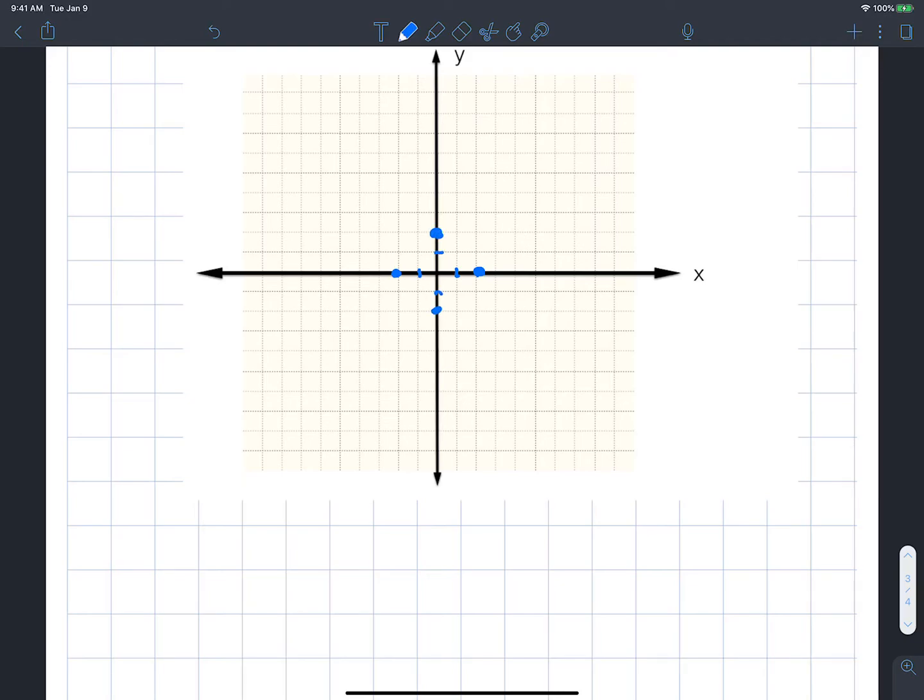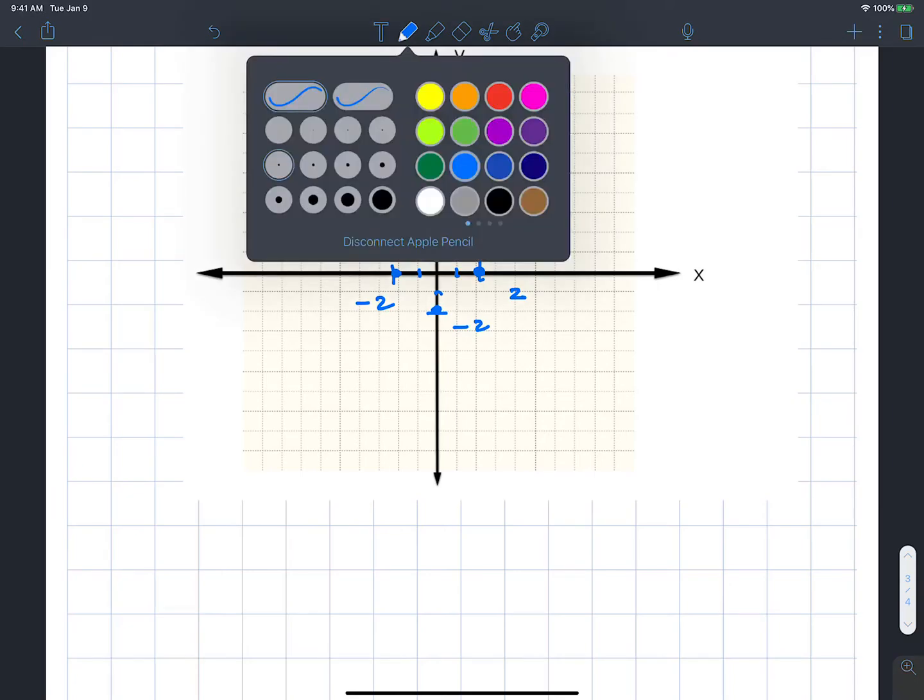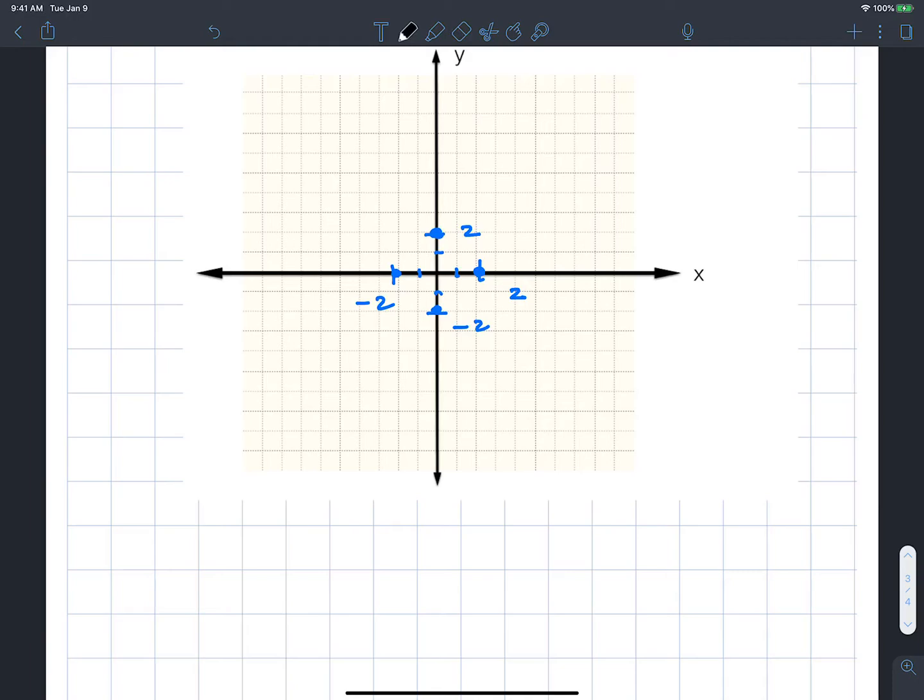And you're going to go down 2 units. Okay, so here's where positive 2 is. Here's negative 2, negative 2, positive 2. So you start at the origin and you go simply left and right 2 units and up and down 2 units. These are locations on the circle, all these points.